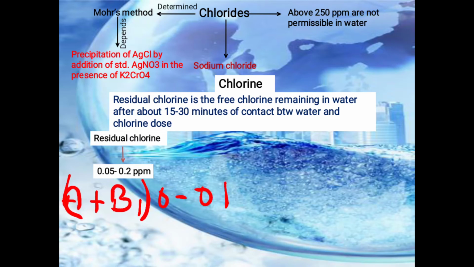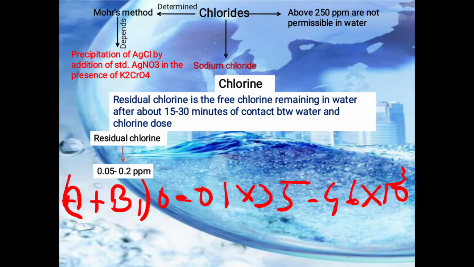Then similarly, take 20 ml of distilled water and add 5 ml acetic acid and 1 gram potassium iodide and 1 ml starch solution. If the color occurs, titrate with 0.01 normal sodium thiosulfate solution till the blue color disappears.